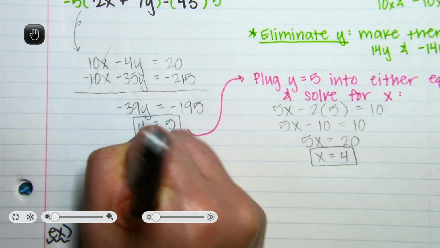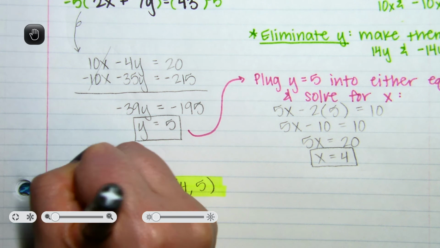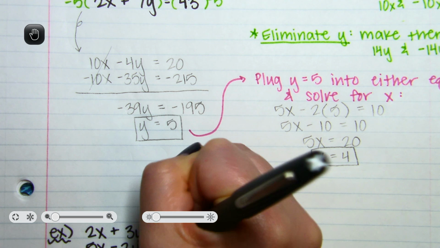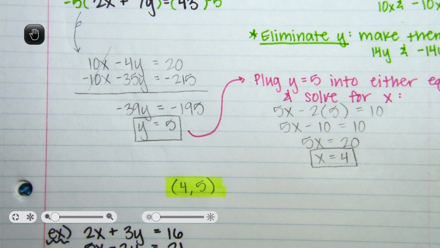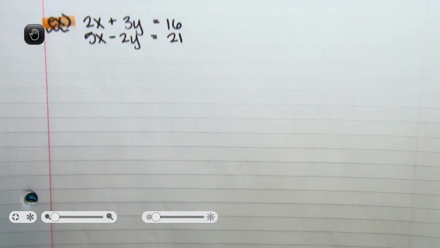Because there are so many ways that you can do these problems. The main thing to focus on is that you get the same end result, because no matter how you choose to solve it, your answer should always end up being the same. So with that in mind, this last example, you're going to try on your own.